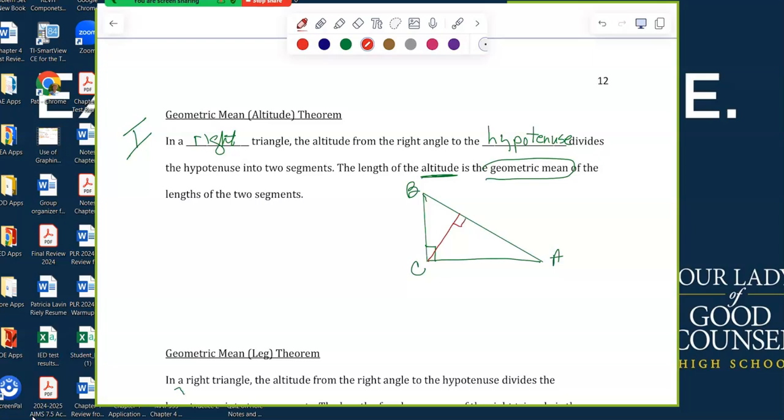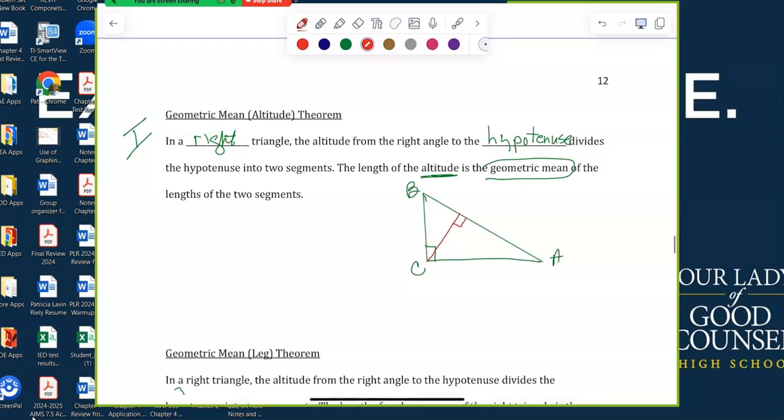So what is that altitude? It's the red line. It is the geometric mean of the lengths of the two segments that are formed.